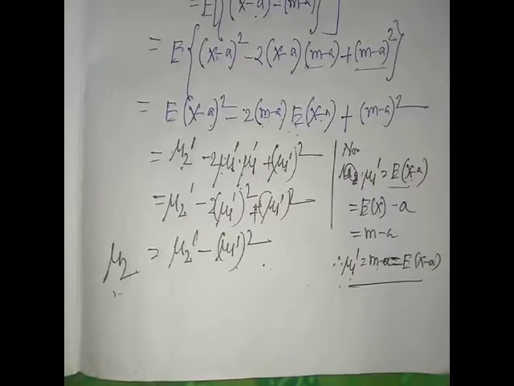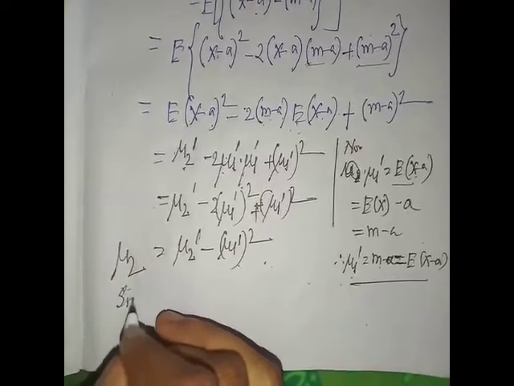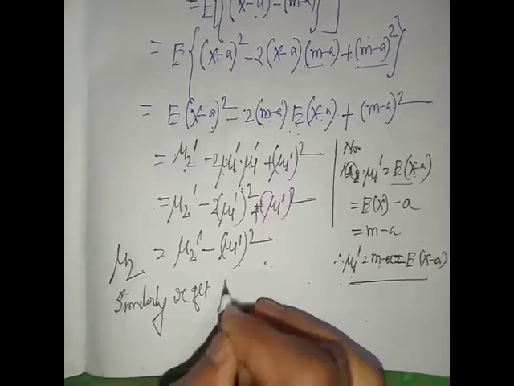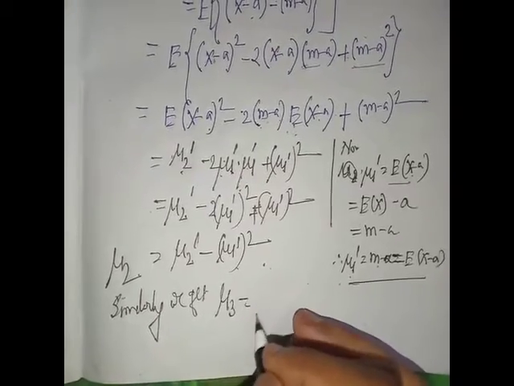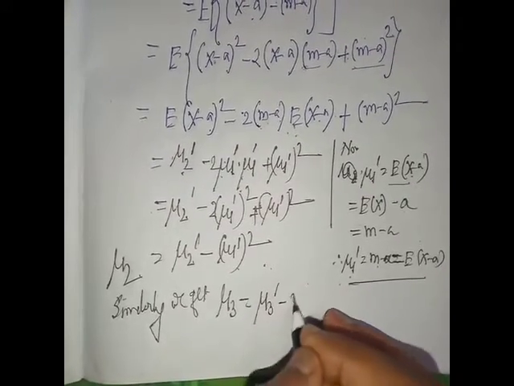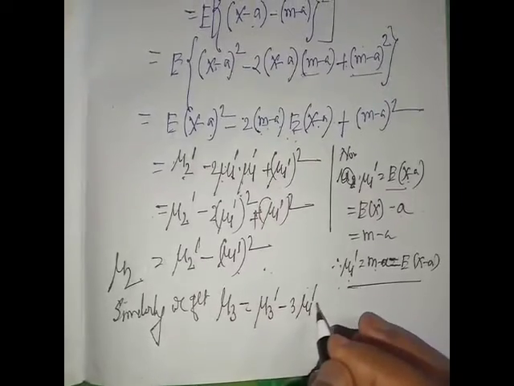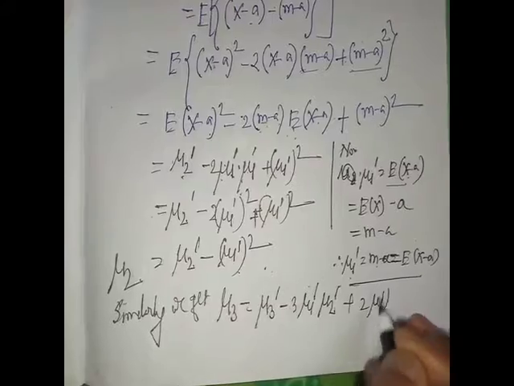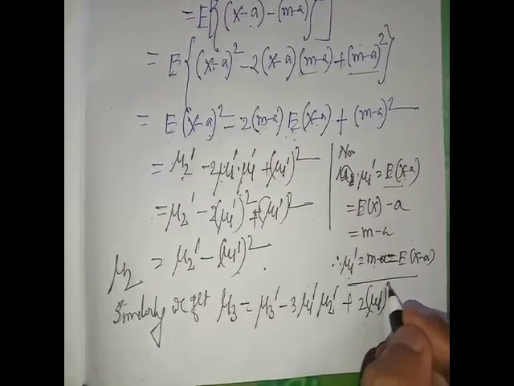Similarly we get mu 3 equal to mu 3 dash minus 3 mu 1 dash mu 2 dash plus 2 mu 1 dash whole cube.